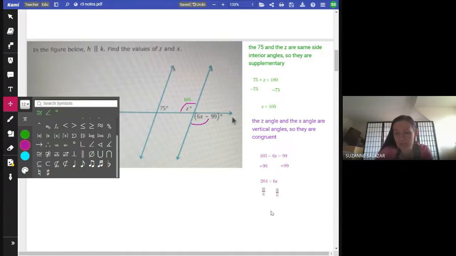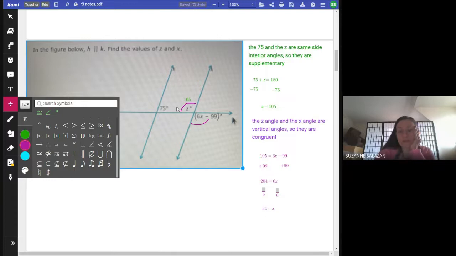I have no idea what 204 divided by 6 is off the top of my head, so I'm going to go ask a calculator. 34. So 34 is x, and that is my answer.